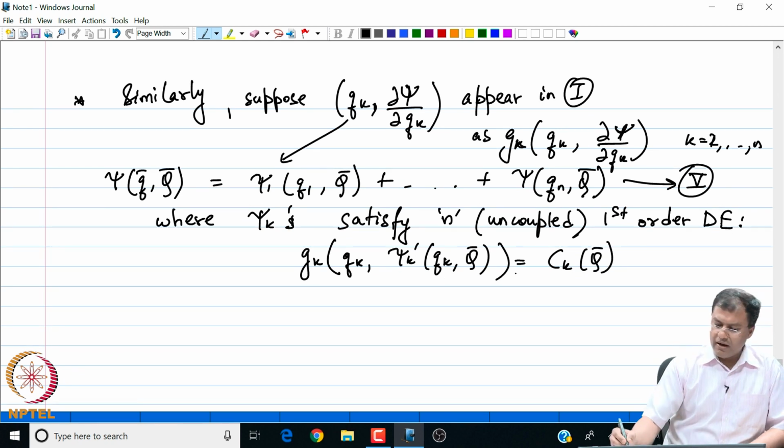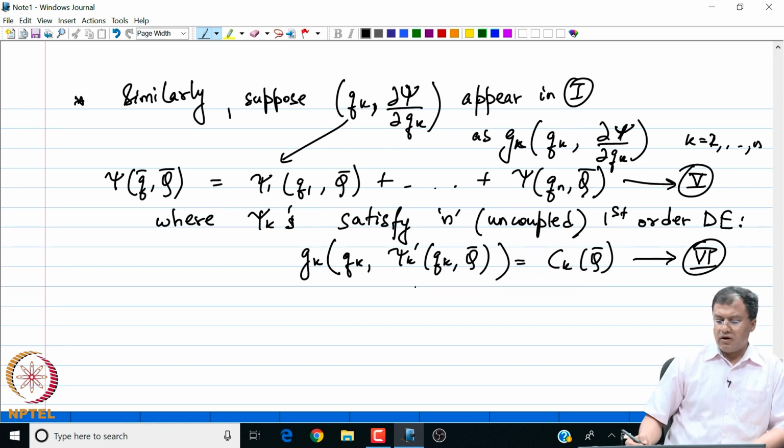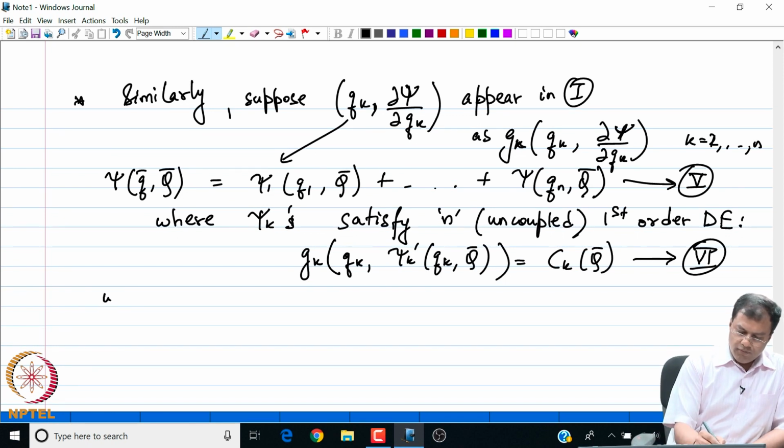In a similar fashion we will have the first order differential equation for each component, like we did in the first component, right, where it turns out that Ck's are not independent.